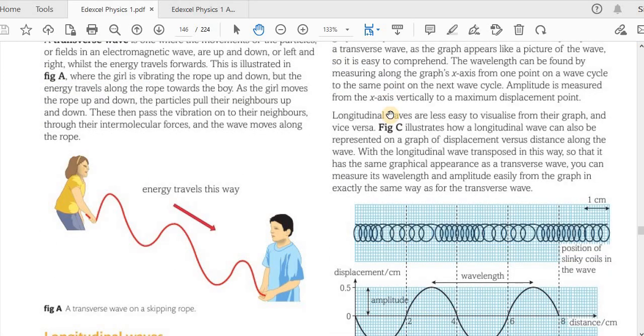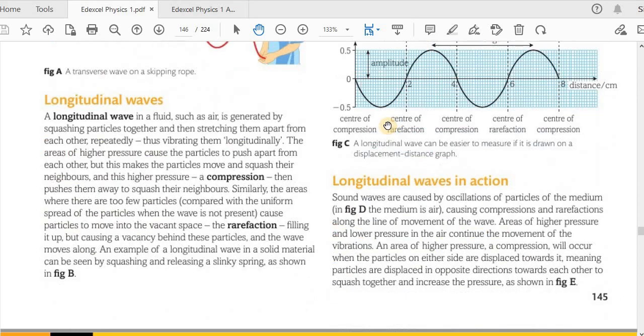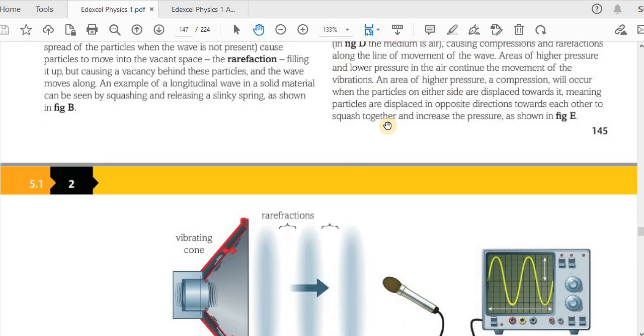And remember, I have also uploaded videos on my channel where I am using a slinky to create both transverse waves and longitudinal waves. One video is for longitudinal waves, the other one is for transverse waves, both in a slinky. You can watch that to have a better understanding, because when I'm creating the wave, I'm explaining it as well.